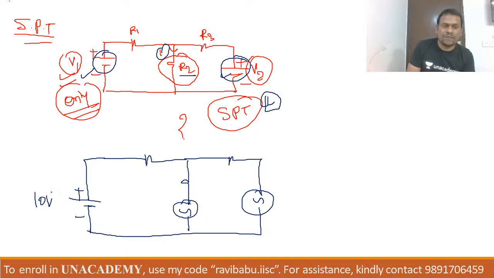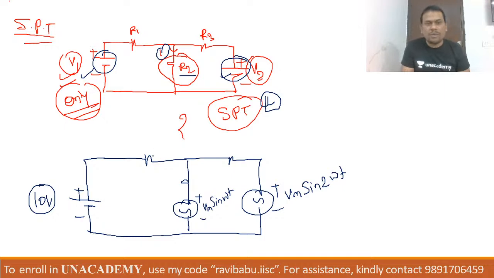Before that, listen to me carefully. This is the DC source, and here I'm writing Vm sine omega t, and this I'm writing Vm sine 2 omega t. Now, can you tell me, only which theorem can handle this circuit? Or will all theorems and rules handle this circuit?